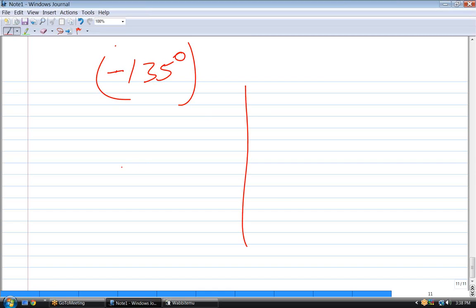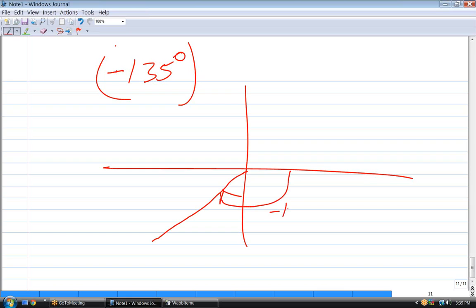Well, hold on. Negative angles start from the x-axis and they go the other way. They go clockwise instead of counterclockwise. So there's your negative 135-degree angle. Placing it in which quadrant? In the third. Exactly.